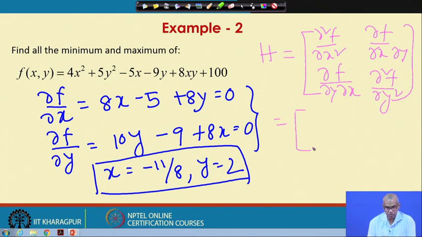If you evaluate these terms by differentiating again these two expressions, you will get 8, you will get 8 also, and you will get 10.